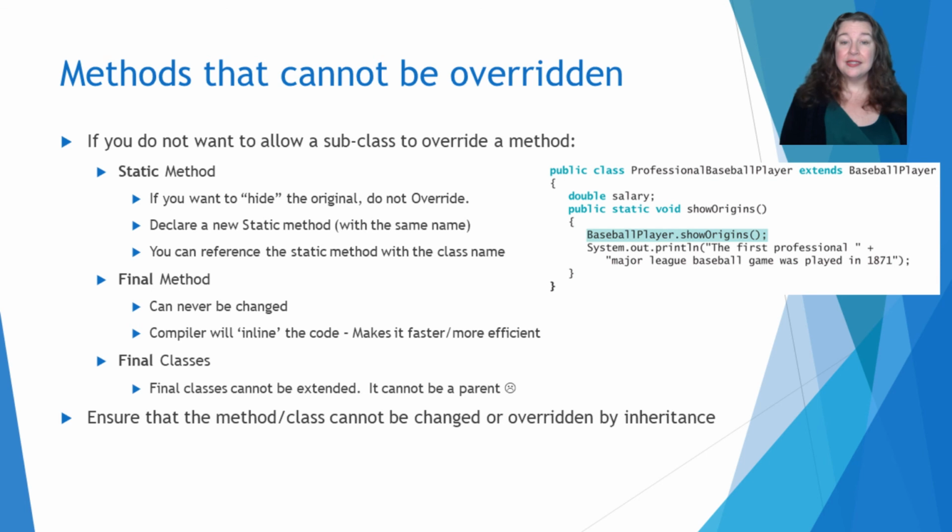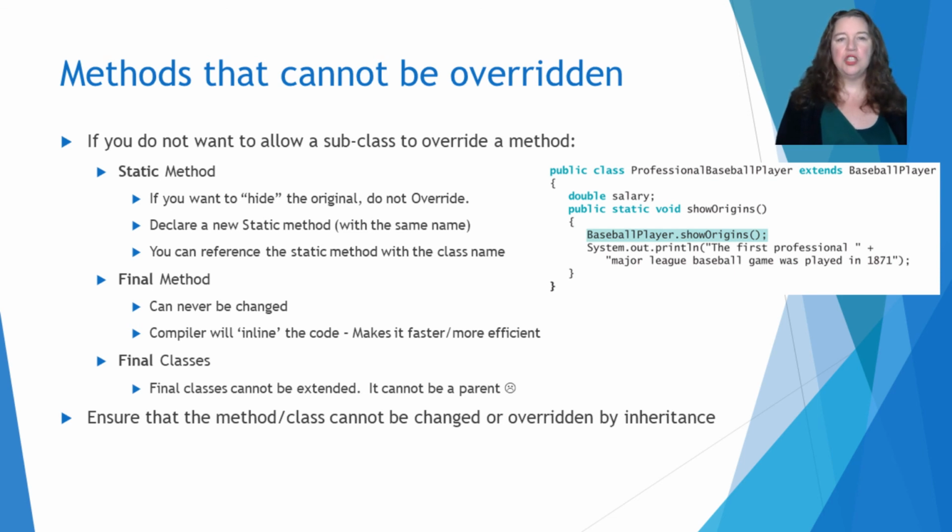Final classes cannot be extended at all. If I want to make my class final, remember we talked about the class header information, you have a public class and then whatever it is. In this case, you can make it a final class that can never be a parent. Nobody can extend it. It cannot be a superclass to a subclass.